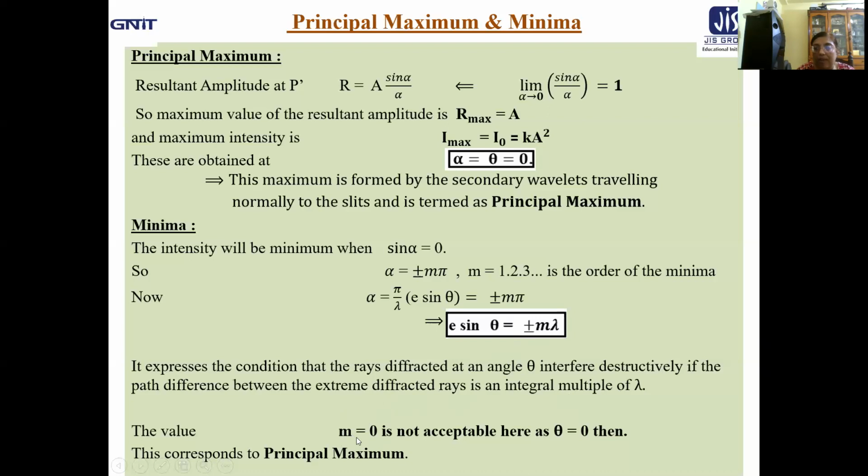Mind it, the value m equal to 0 is not acceptable, because if you put m equal to 0, then theta will be 0, and theta 0 means you are getting back the condition of principal maximum. That's why m equal to 0 is not acceptable here, as theta equal to 0 obviously corresponds to principal maximum.